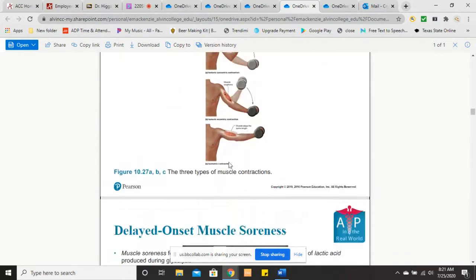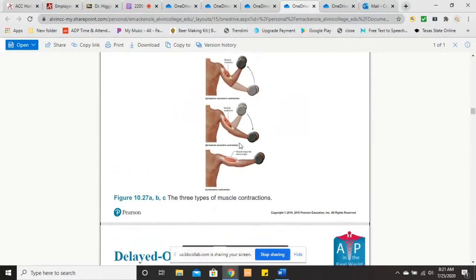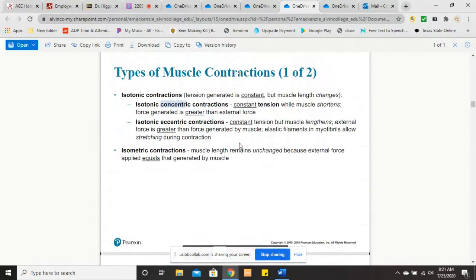And when the muscle length is long, we say you're in the eccentric phase or you're in the isotonic eccentric contraction. That's all that means. Okay, short muscle, concentric, long muscle, eccentric. And the muscle length is changing because this is an isotonic contraction. Only the tension stays the same.